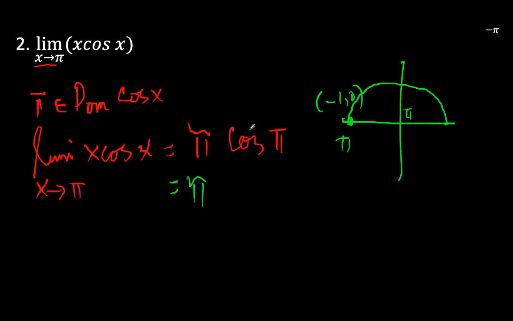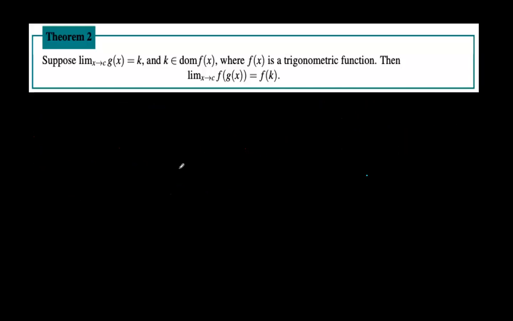And cosine pi, which is the value of x in the given point, is negative 1. So this becomes negative pi. That's why the answer here is negative pi. So the limit of x cosine x as x approaches pi is equal to negative pi. All right, and I hope we got the same answer again.